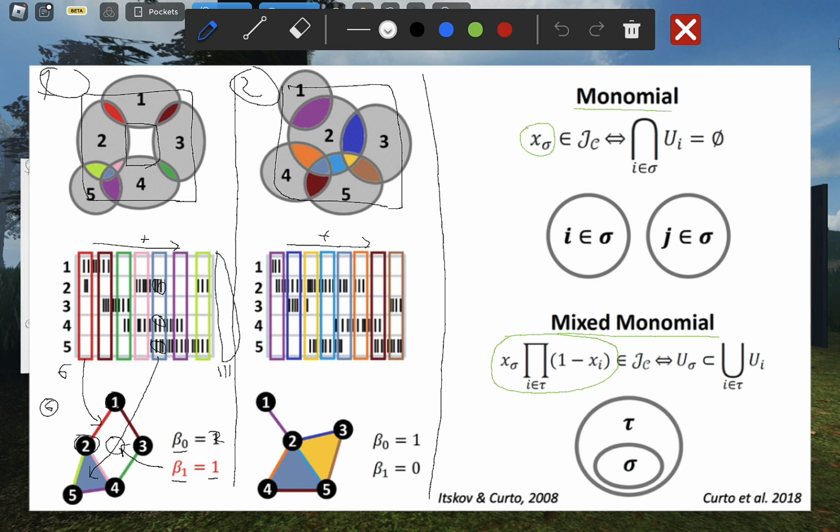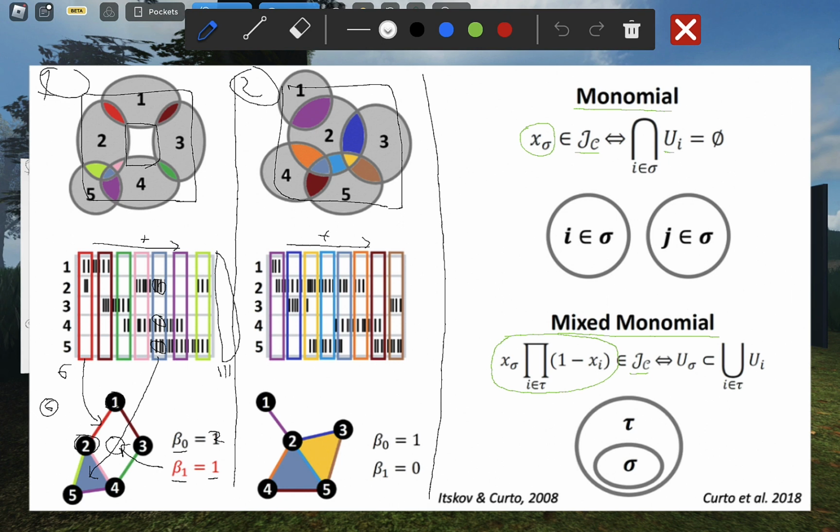These are relationships between different neurons, and they live in this structure called J sub C. J sub C is called the neural ideal, and we're going to formally introduce that in a moment. If you see these different monomials living in J sub C, then it will imply something about the receptive field relationships and vice versa.